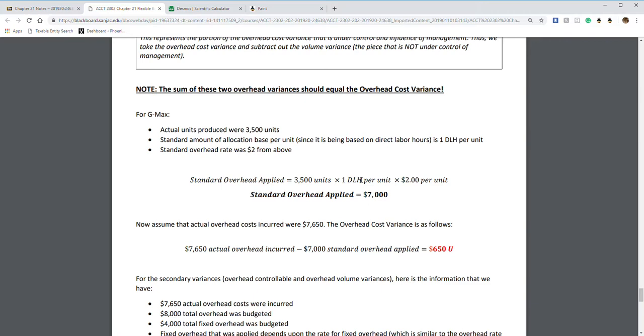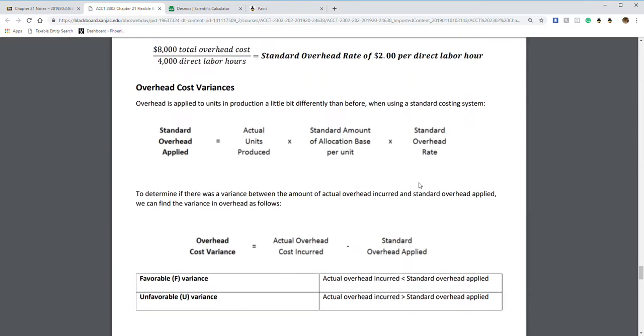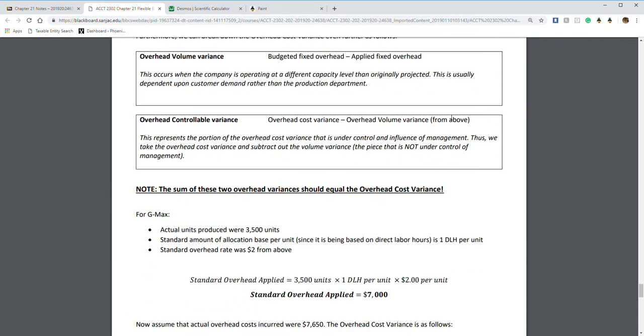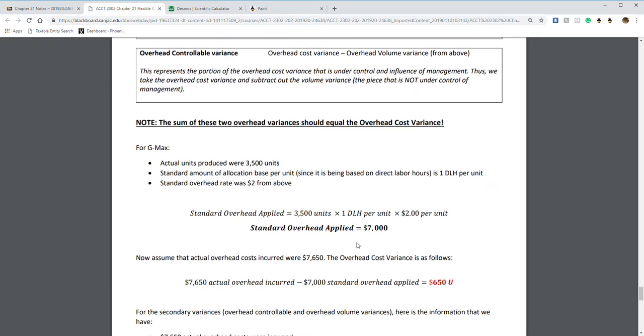The standard amount of allocation was 1 direct labor hour per unit, and our overhead rate was $2. So we're doing this formula first: standard overhead applied. Take your activity times the rate, and we find out that our standard overhead applied is 7,000.